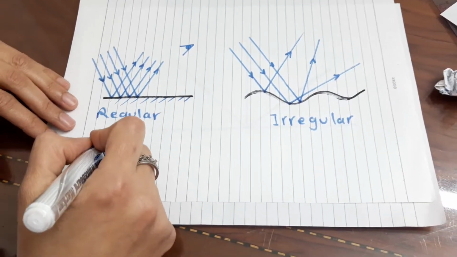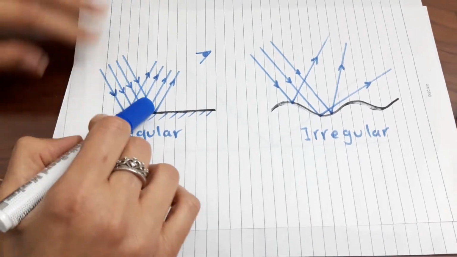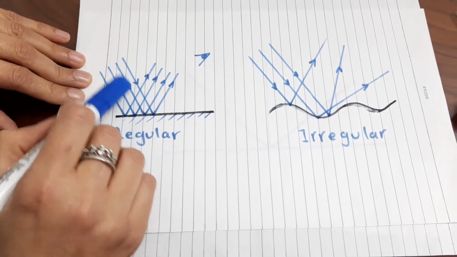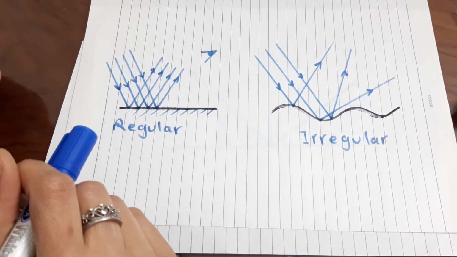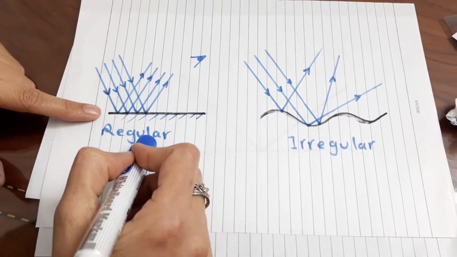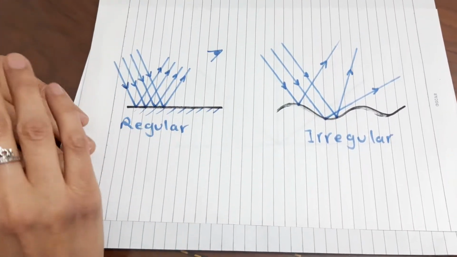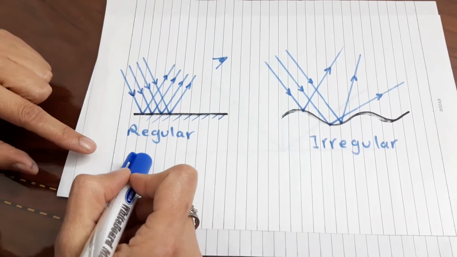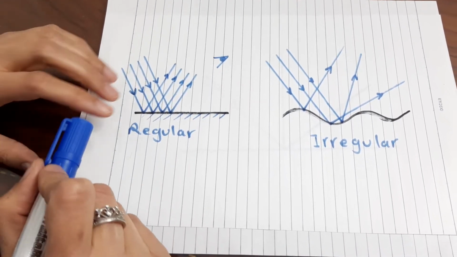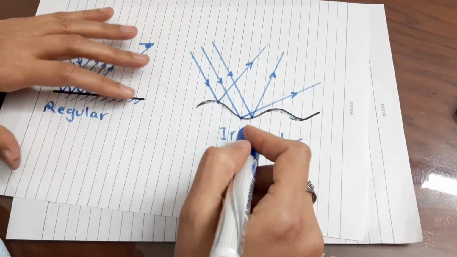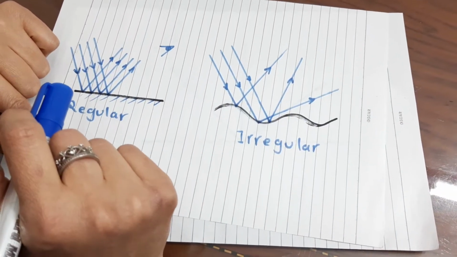If you look at the first diagram, we can notice that all light rays that fall on the reflecting surface are parallel to each other. When they hit smooth surfaces, all of them are reflected in one direction, and this type of reflection is called regular or uniform reflection. If you look at the other diagram, we will notice that this surface is rough.